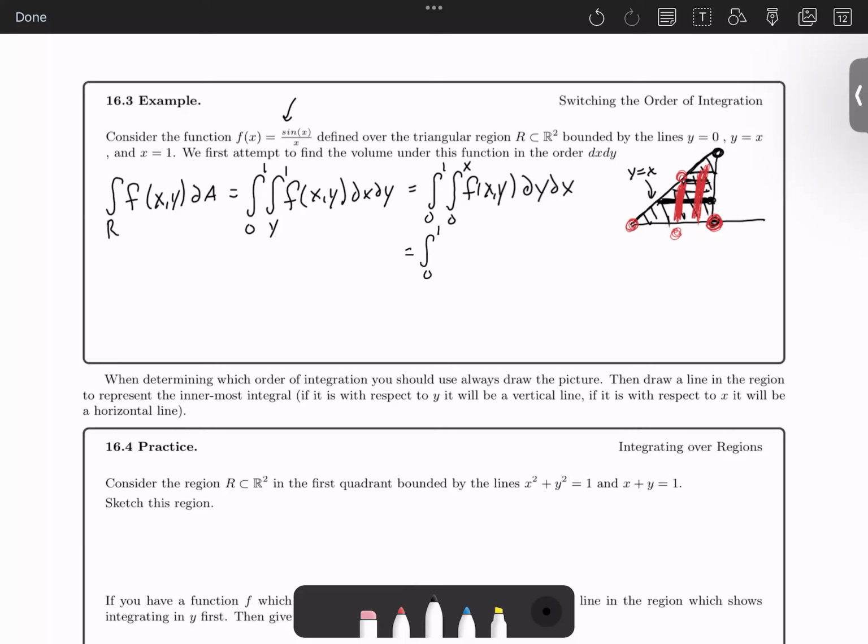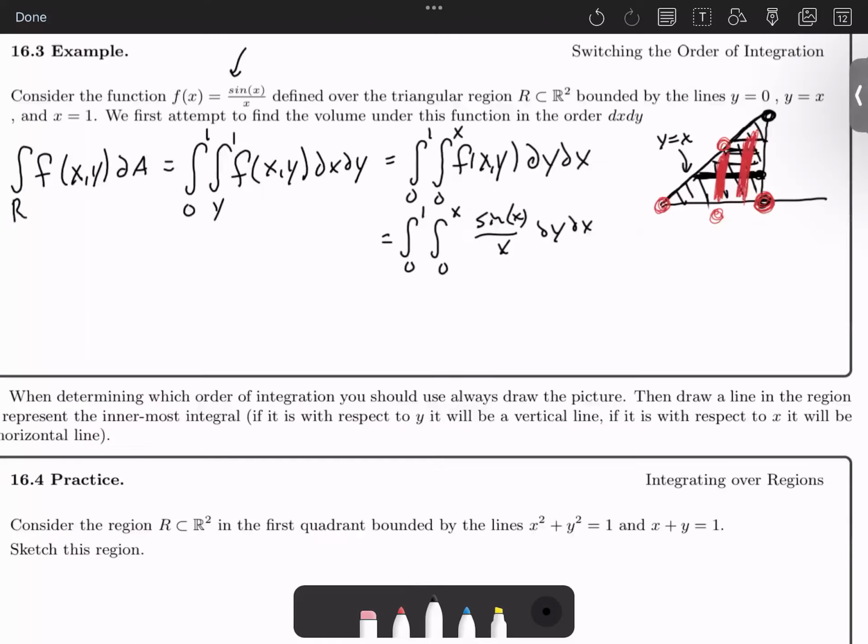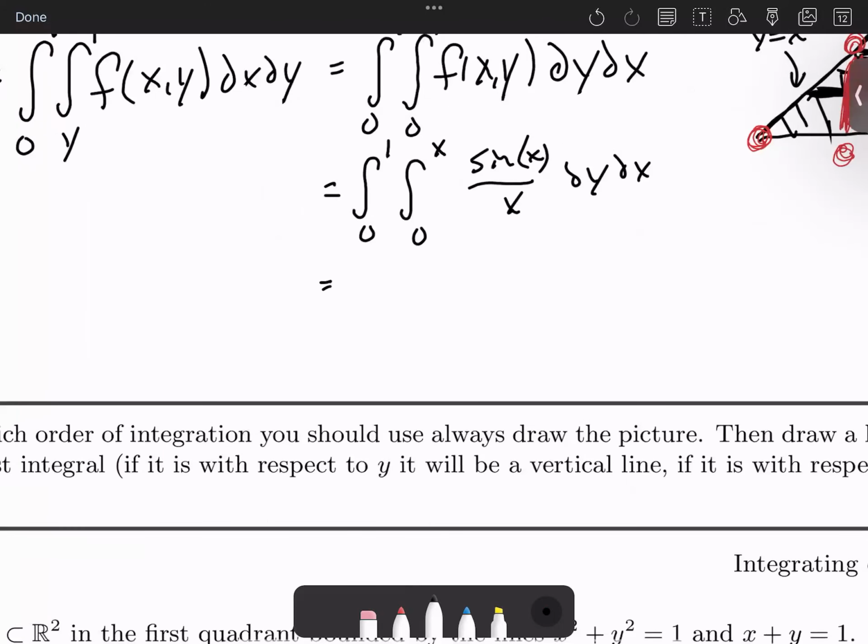All right, let's see that this actually gives us an answer. So we'll integrate iteratively our function sine of x divided by x. Now notice sine of x divided by x integrated with respect to y, that's just a constant. So I need to give sine of x divided by x a y.